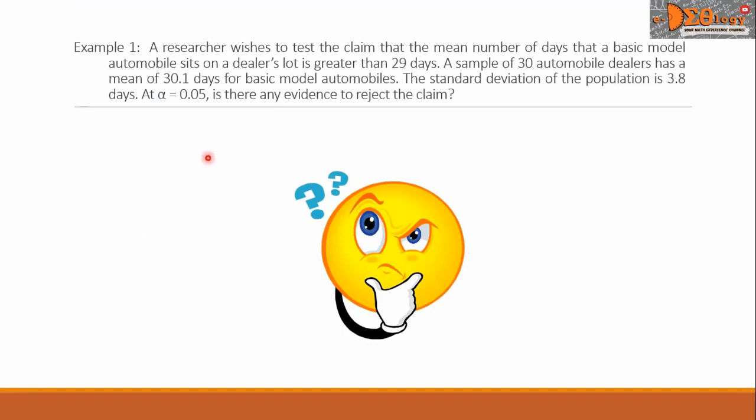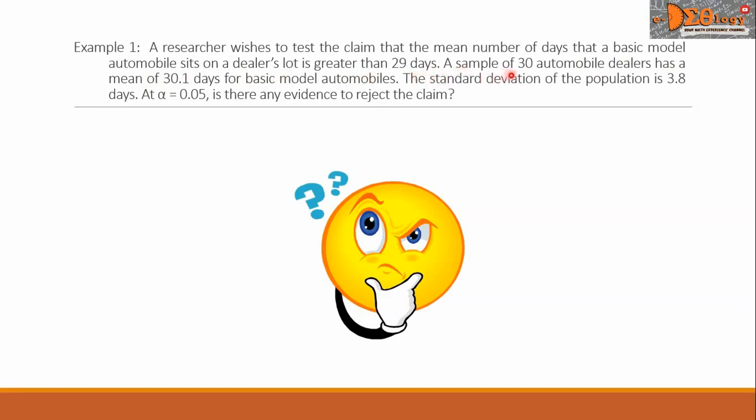Let us see this example 1. A researcher wishes to test the claim that the mean number of days that a basic model automobile sits on a dealer's lot is greater than 29 days.